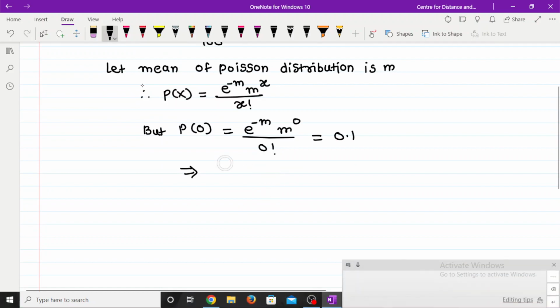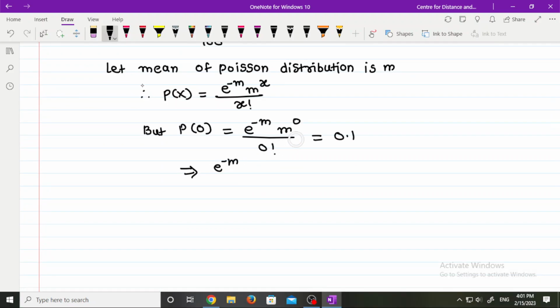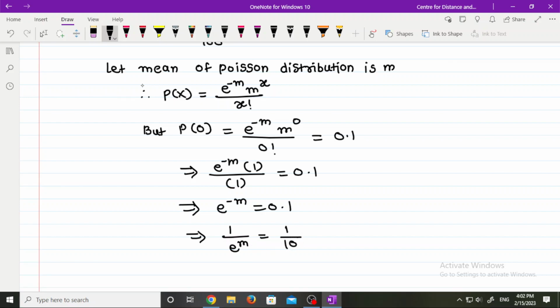Which implies e raised to minus m, times m raised to 0 which is 1, divided by 0 factorial which is also 1, is equal to 0.1. So here we get e raised to minus m is equal to 0.1. Then we write 1 divided by e raised to m is equal to 1 divided by 10, which implies e raised to m is equal to 10.